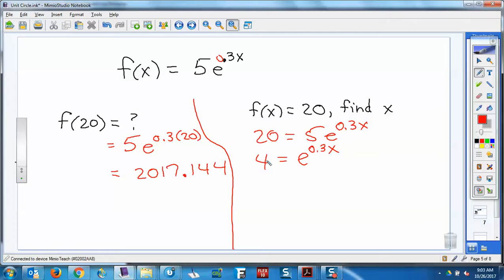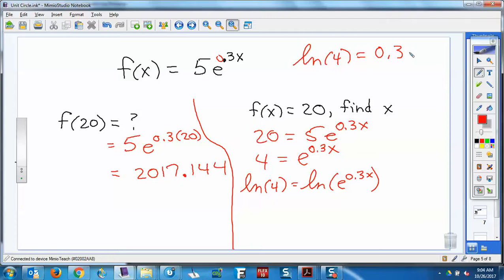You could go right to ln form, or what I typically do is the ln of both sides. Now some of you are going to say, why do you do that? That seems like a little extra work. You might be right, but it works all the time, even in some little harder ones. I do the ln of both sides, but you could also just turn it right to ln form. ln 4 equals 0.3x, because that's what's going to happen here.